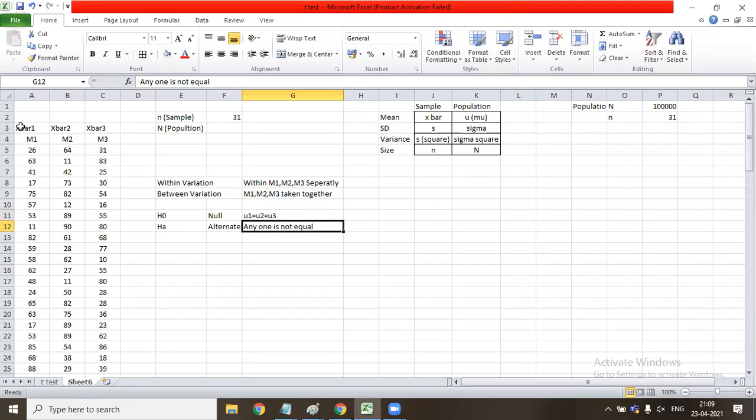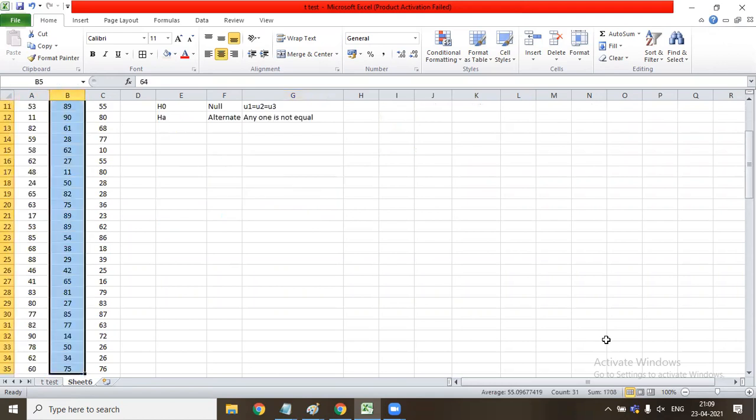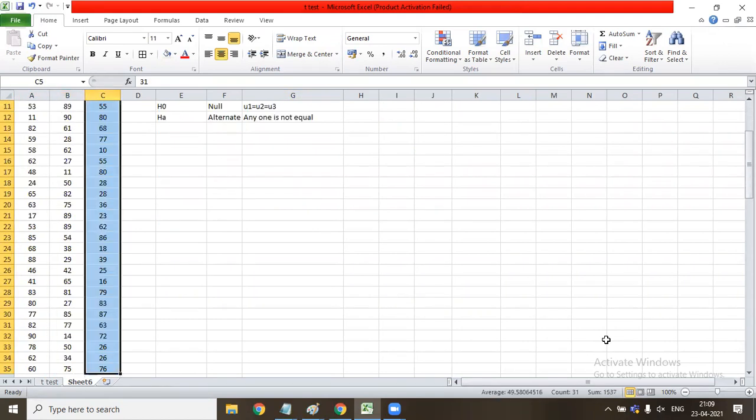I'm saying whether these 3 machines will give me equal means when it comes to the population or not. Right now, if I measure x bar 1, x bar 2, x bar 3, x bar 1 has an average of 58.5, x bar 2 has 55, x bar 3 has 49.